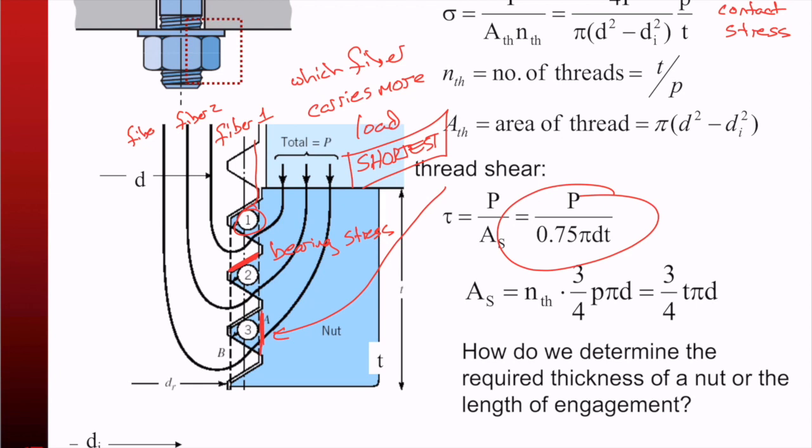So the result of this is that 90% of the load, because of the stiffness of these different fibers that we're loading, is carried by the first three threads. Right, and that's one of the big takeaways from the class, I think, that you only need to get 3 or 4 of these things engaged, and then you can pretty much carry the full load of the bolt, right?